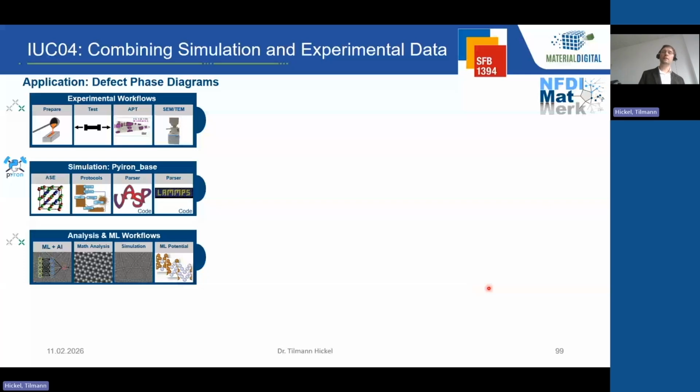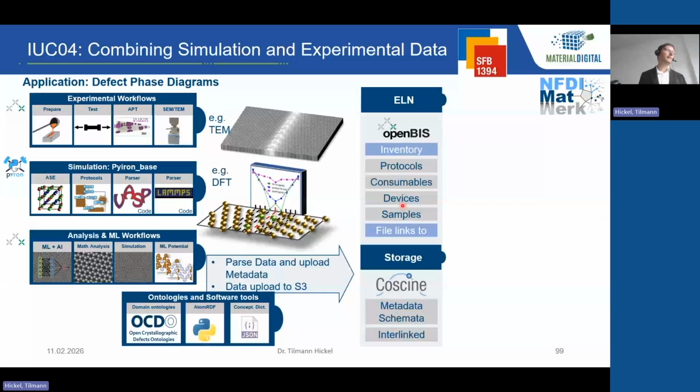So one way to handle a knowledge graph is to represent information in an electronic lab notebook combined with a storage solution. Then this is a way of getting the benefit of semantic description for making different approaches interoperable.